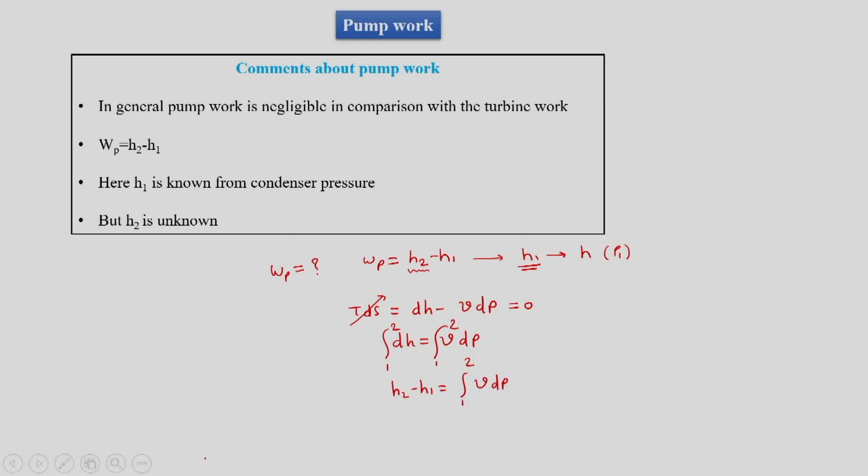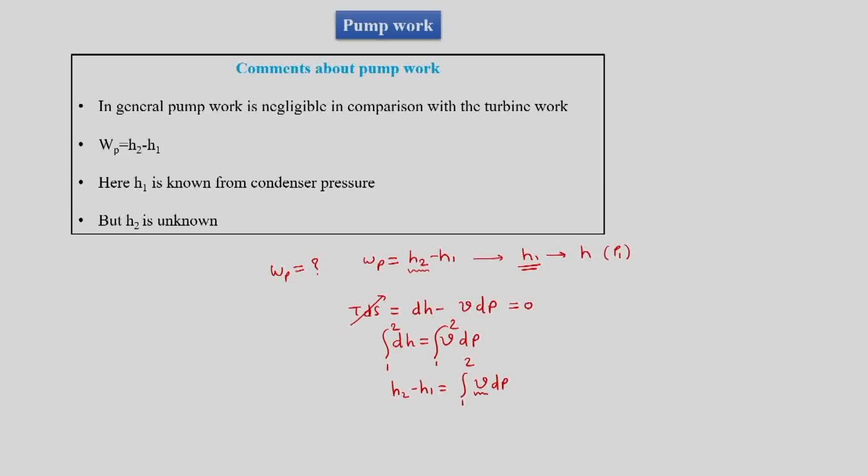In case of the pump, we are so close to the saturation point, and we are handling liquid. For liquid, the specific volume or the density is constant, since liquids are incompressible. So we can take this v to be constant.